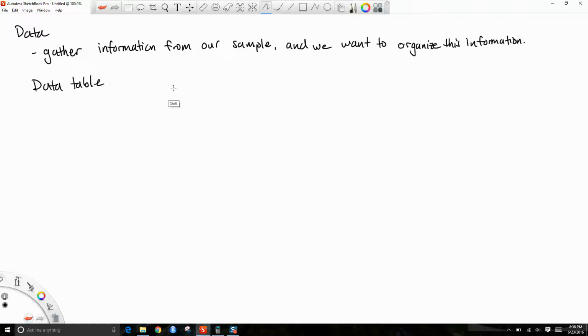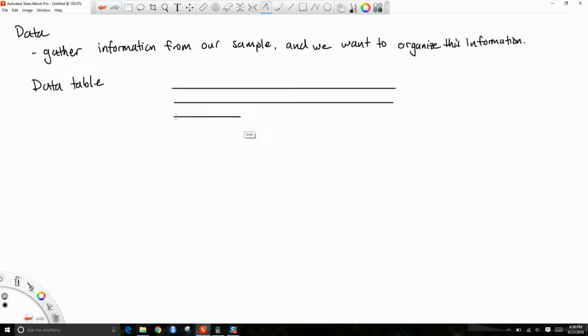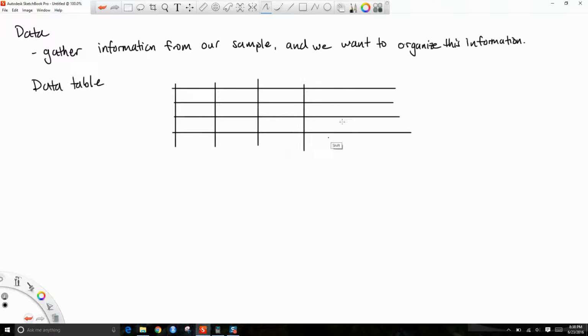In our data table, we're going to have one row for each observational unit, and then we have one column for each variable.